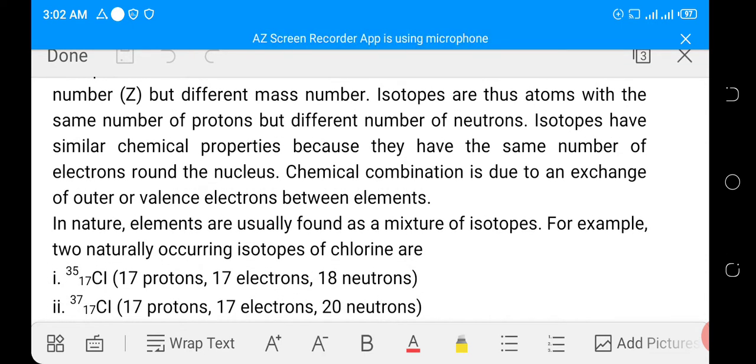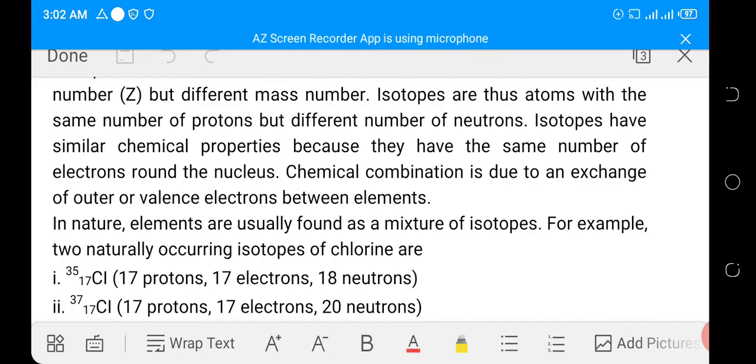Isotopes have similar chemical properties because they have the same number of electrons around the nucleus. Chemical combination is due to an exchange of outer or valence electrons between elements. In nature, elements are usually found as a mixture of isotopes.